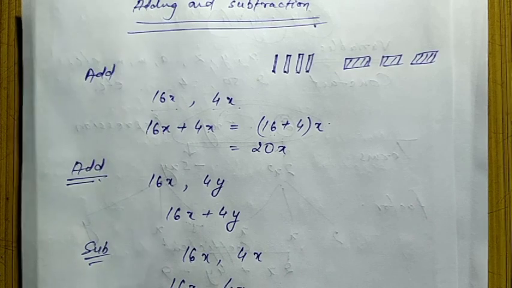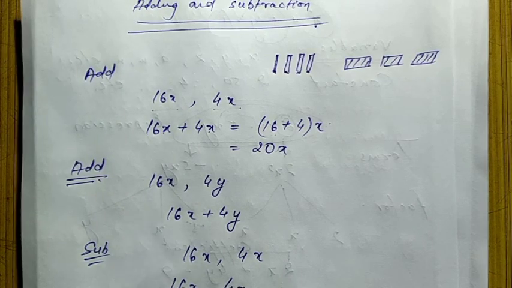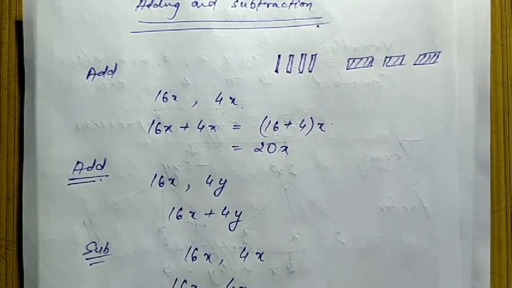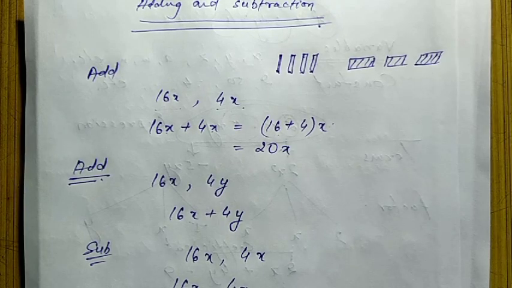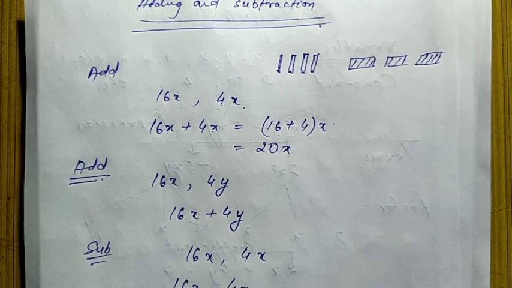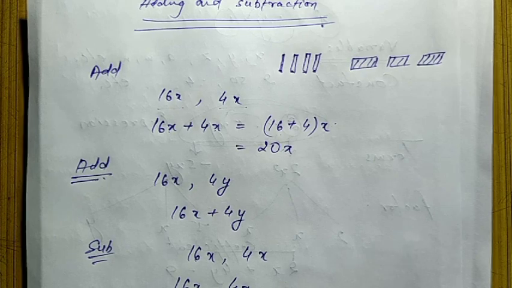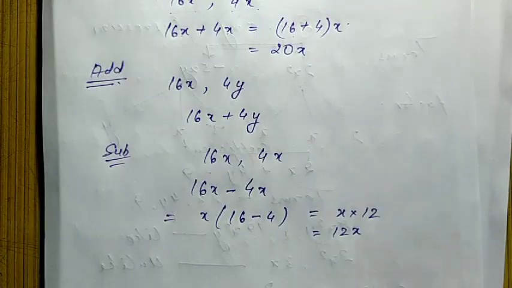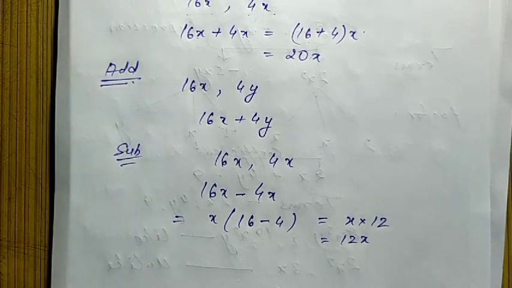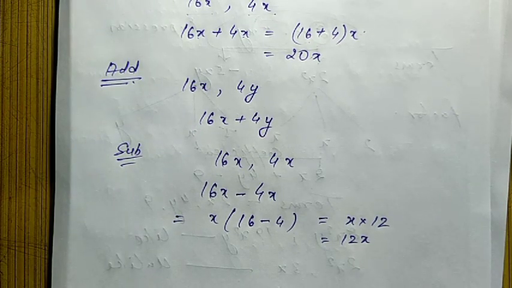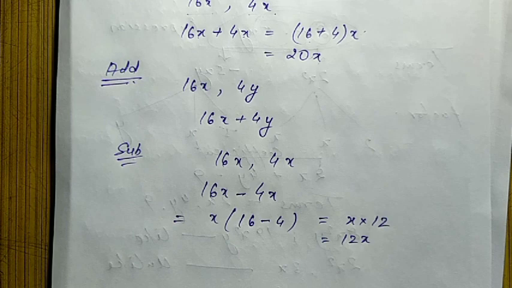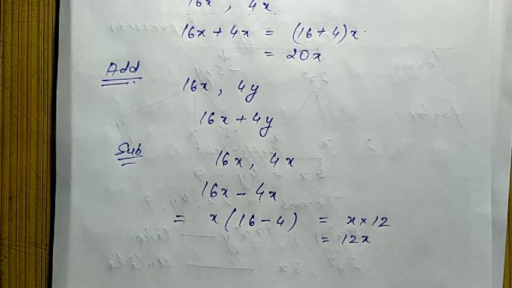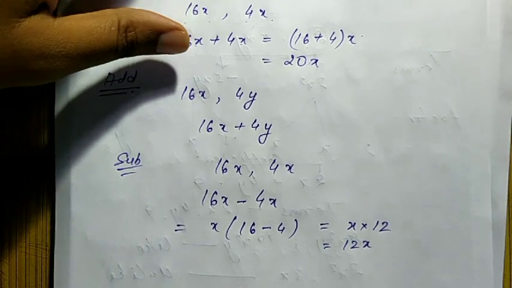Now here take x common. 16 minus 4, what will come? x into 12, or 12x. So by this you will add or subtract algebraic expressions.